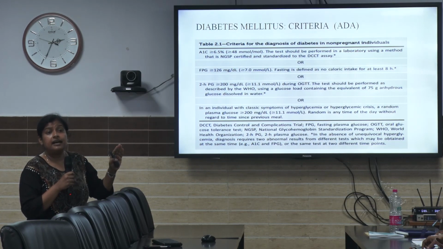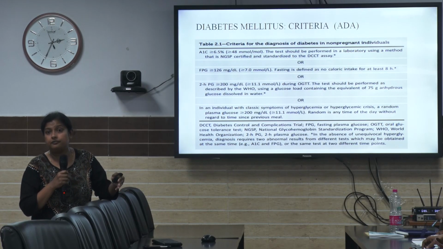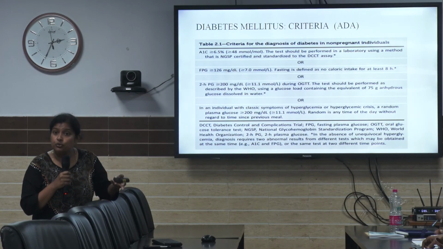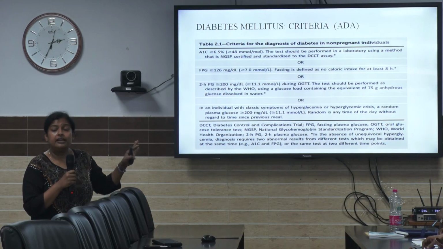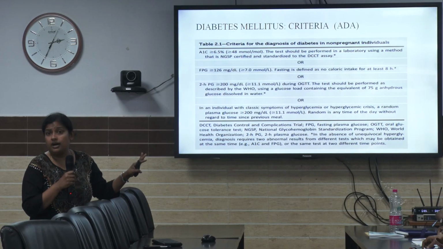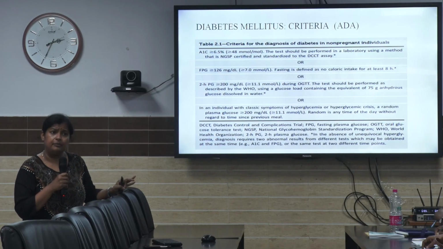Or if somebody is having a random blood sugar value more than 200 and is showing symptoms of hyperglycemia in the form of polyuria, recurrent infections, impaired wound healing, then that is also diabetes. You start your treatment, you can very well send the investigations, no harm in doing that, but you do not wait for them to be diagnosed diabetic. You can very well write down that the person is diabetic.